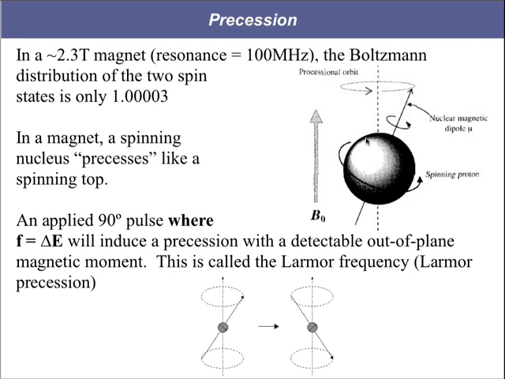So the nuclei have spin, they are aligned with the magnetic field, and if we apply a pulse at 90 degrees from that magnetic field, they will wobble as a result of that, and we can watch that wobble because we can detect that movement of charge. As that nucleus wobbles, its charge moves, and that generates a signal that we can detect. And the frequency at which that wobble occurs is called the Larmor frequency.